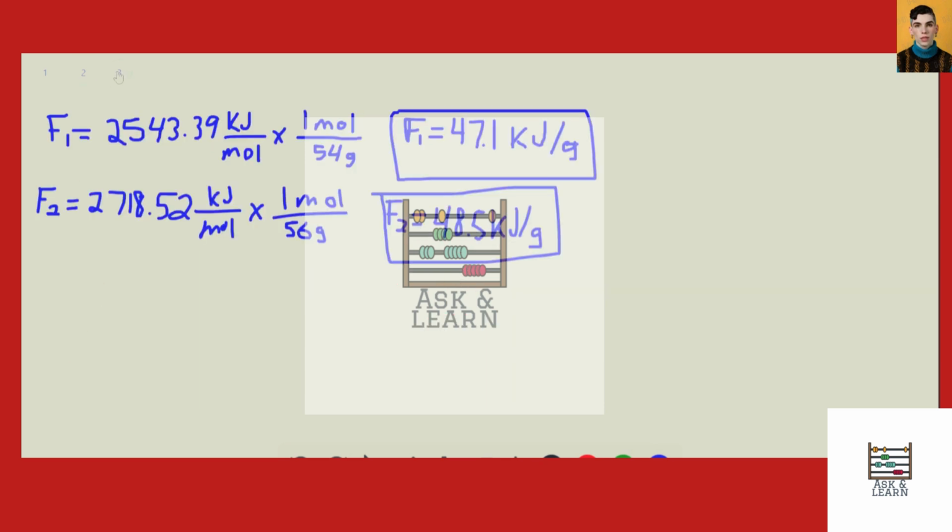Then we got F3: 2,878.45 kilojoules per mole, and that's 1 mole per 58 grams. 2878.45 divided by 58 is 49.6 kilojoules per gram.